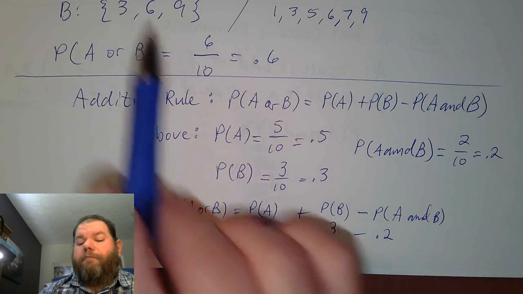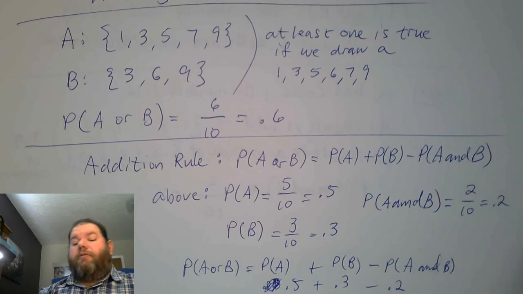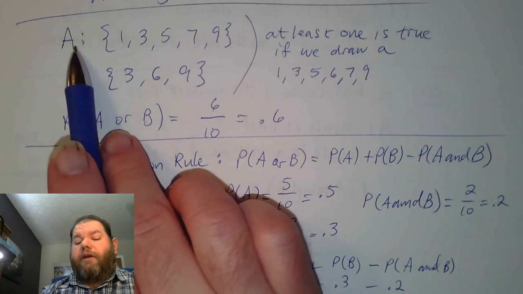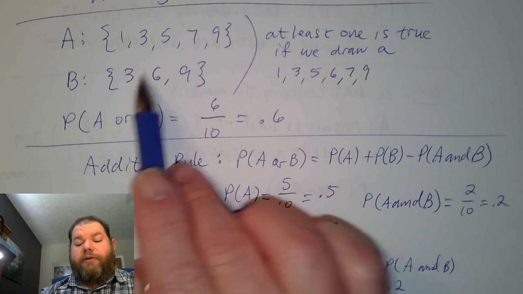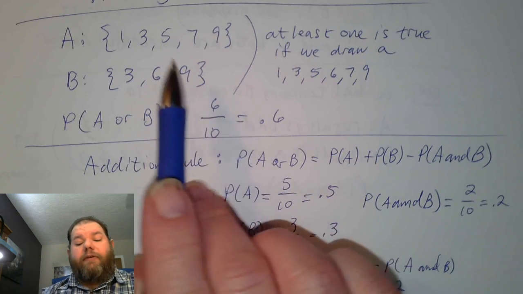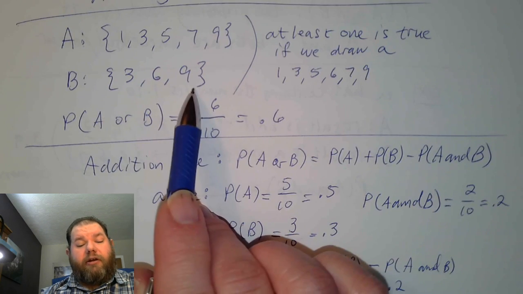So by combining P of A and P of B, we've actually counted the 3 outcome and the 9 outcome twice, because we included the 3 and the 9 here and here.